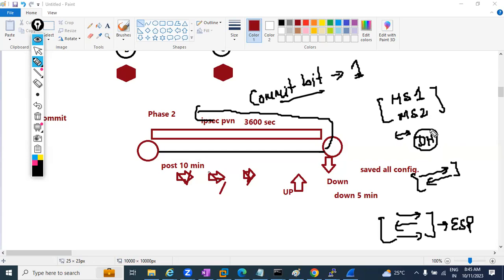So let's exchange the keying material again. Only Diffie-Hellman messages would be exchanged between both sides. So this is the use of the commit bit. Instead of exchanging 9 messages, how many messages are going to be exchanged? Just 2 messages.